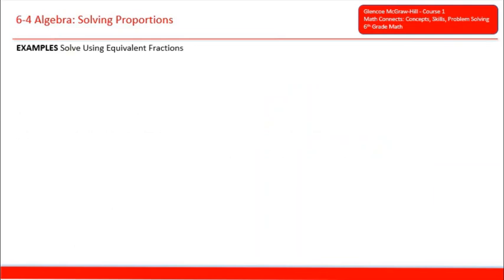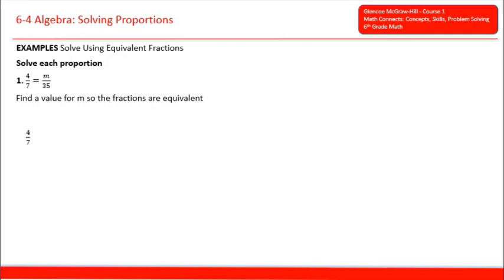Examples. Solve using equivalent fractions. Solve each proportion. Number 1. 4/7 equals m/35. Find a value for m so the fractions are equivalent. Since 7 times 5 equals 35, multiply the numerator and denominator by 5.